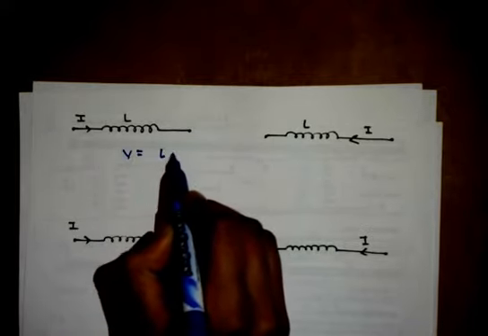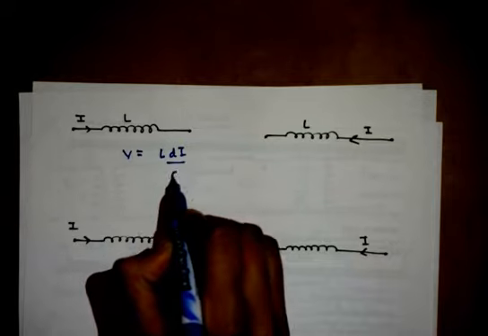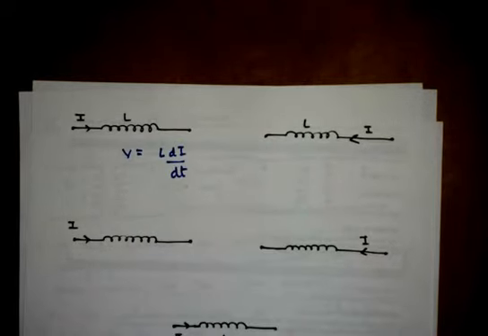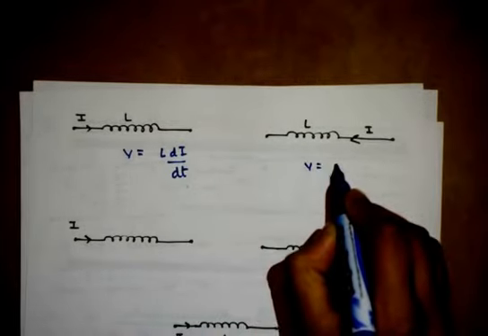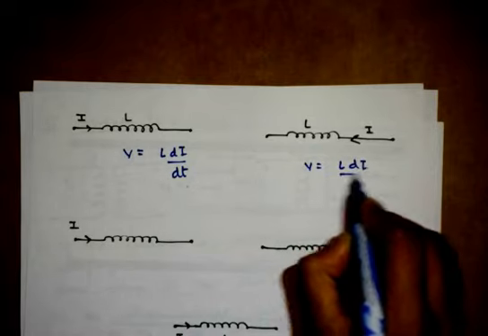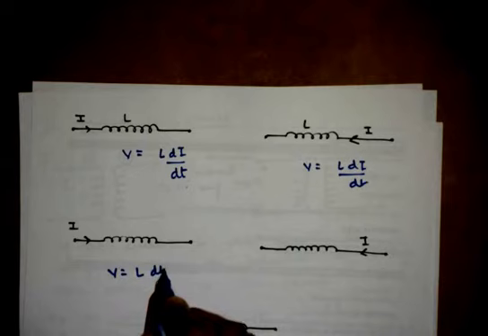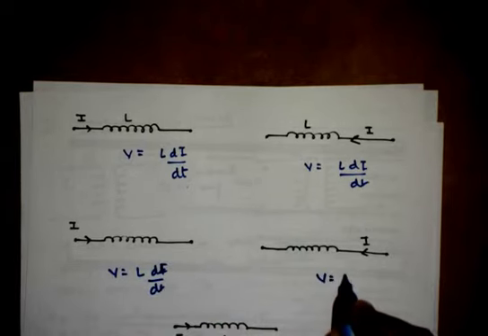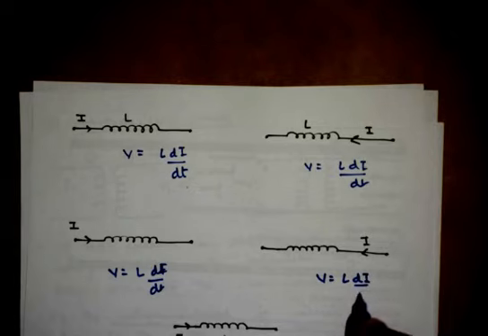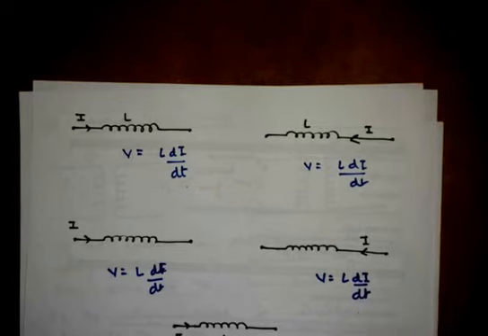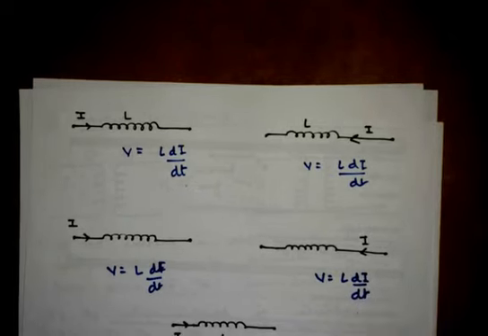Suppose V is equal to L di by dt. Okay, so in all of these cases V has to be L di by dt. Now we have to determine the sign for this induced voltage, whether it should be positive or negative.